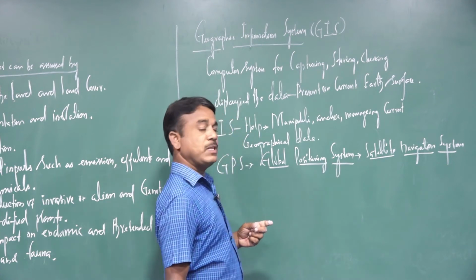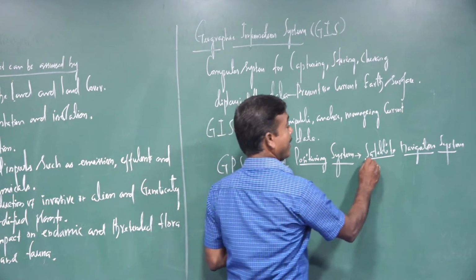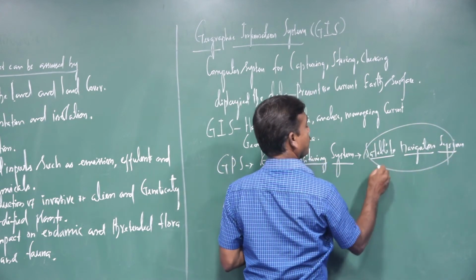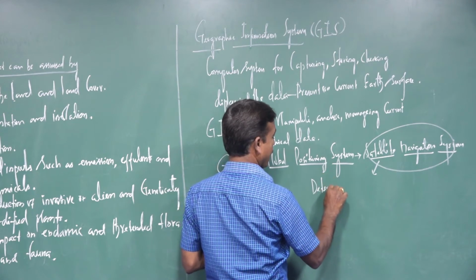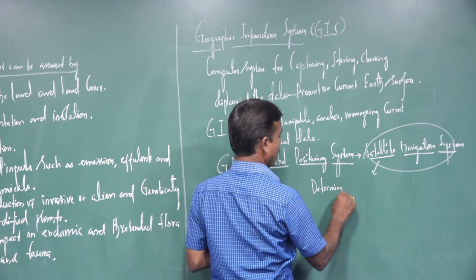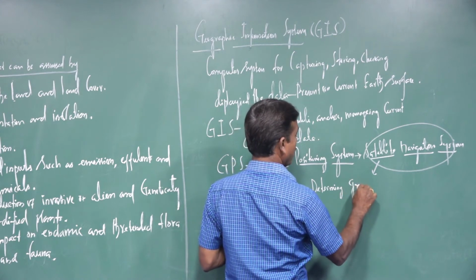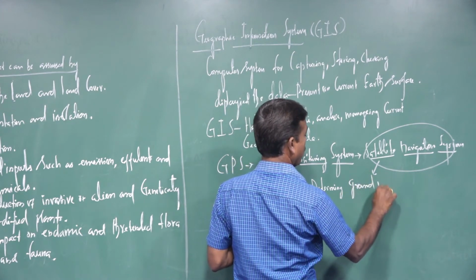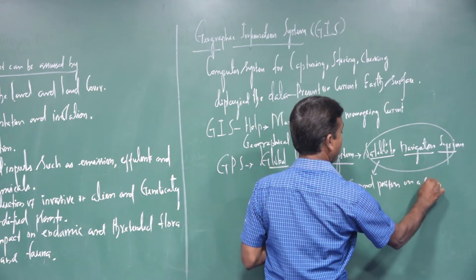Global positioning system is also known as what? Satellite navigation system. That satellite navigation system determines the ground positions of an object.